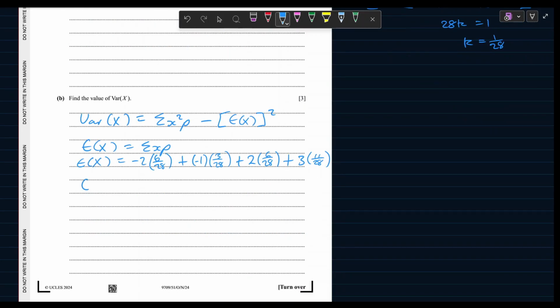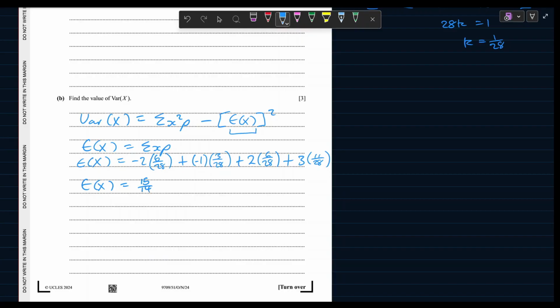So the expectation of x is equal to, let's punch this into the calculator, -2 times 6 over 28 minus 1 times 3 over 28 plus 2 times 6 over 28 plus 3 times 11 over 28, and this gives us 15 over 14. So our expectation is 15 over 14.